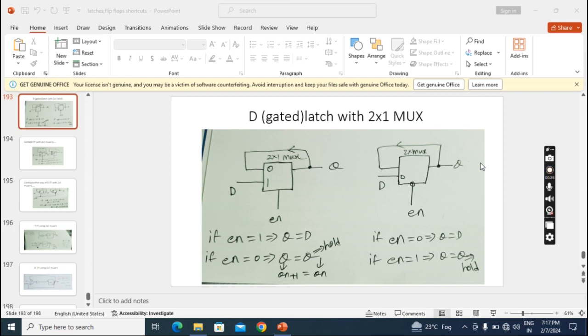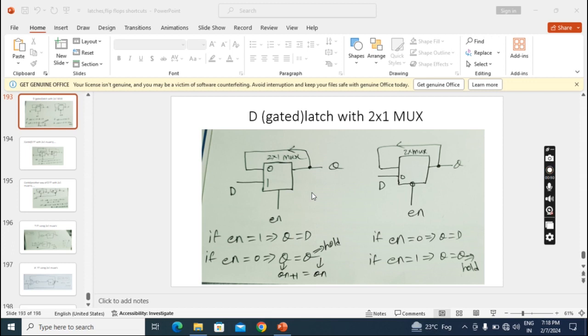Both I will implement. This diagram is with positive level latch. This is for negative level latch. This 2 by 1 multiplexer contains two data inputs, one select input and one data output. And this D gated latch should produce two conditions: output should be same as input, and we should get a hold condition also.